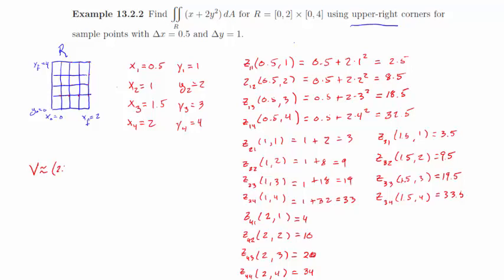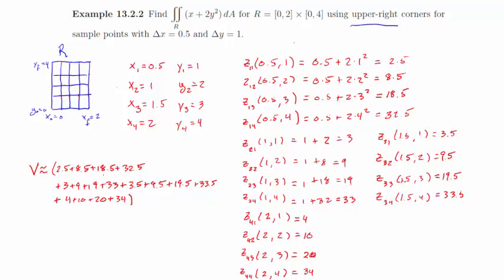So 2.5 plus 8.5 plus 18.5 plus 32.5 plus 19 plus 33 plus 3.5 plus 9.5 plus 19.5 plus 33.5 plus 4 plus 10 plus 20 plus 34.